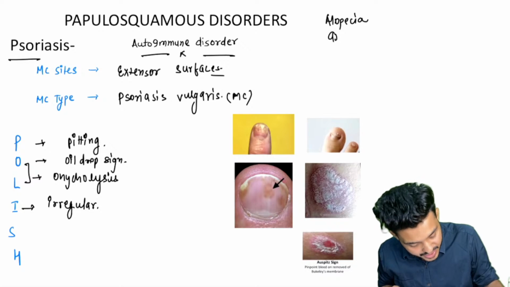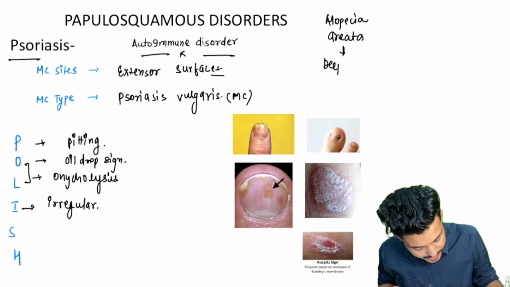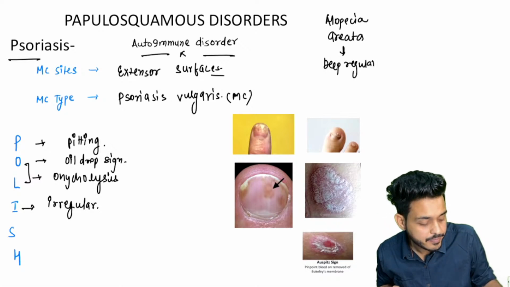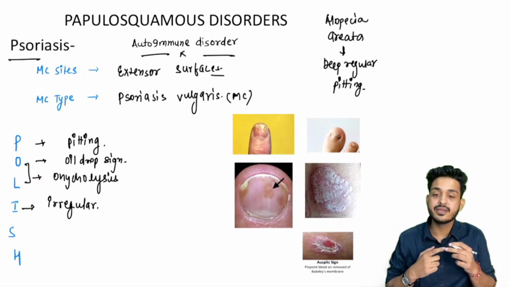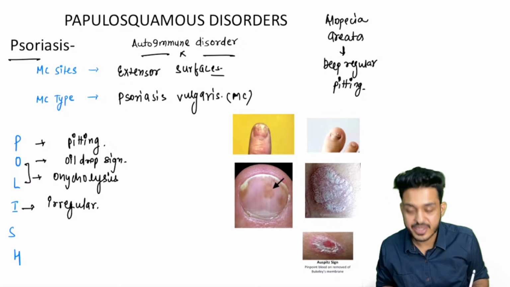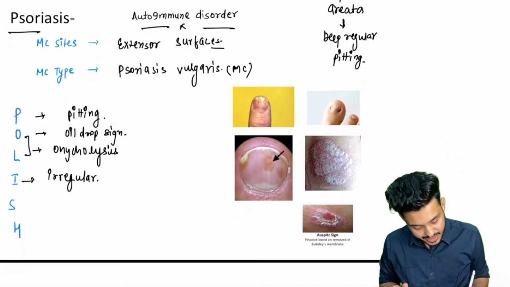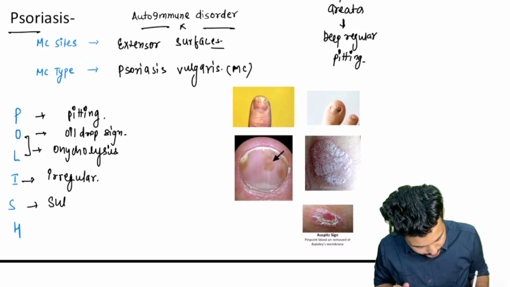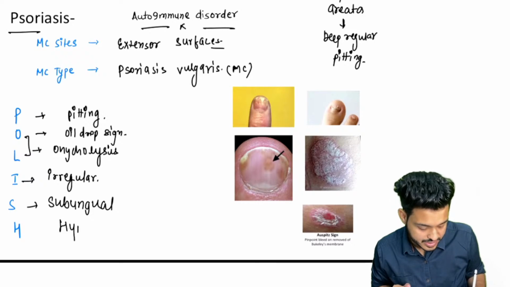In alopecia areata, there will be deep regular pitting. Okay, so pitting can also differentiate. Okay, so there will be deep regular pitting in alopecia areata, but here we will be having irregular superficial pitting. Okay, irregular superficial pitting. H for there will be subungual hyperkeratosis.